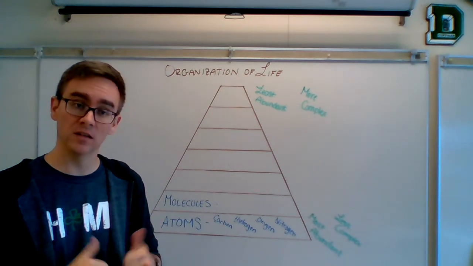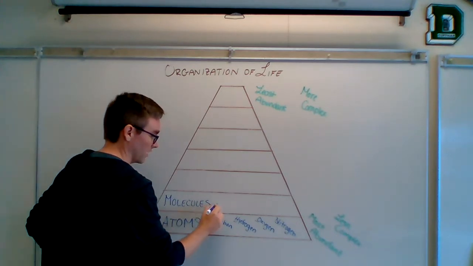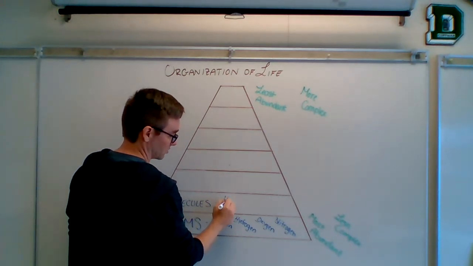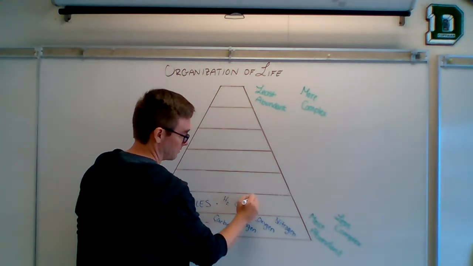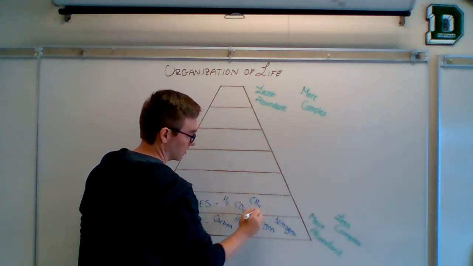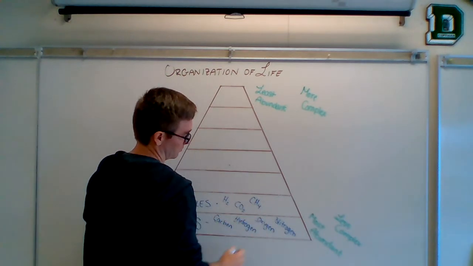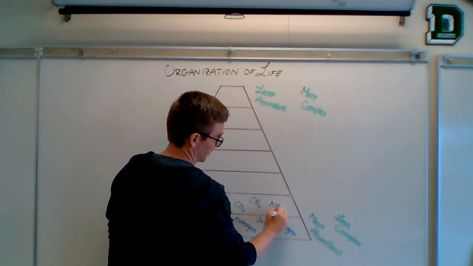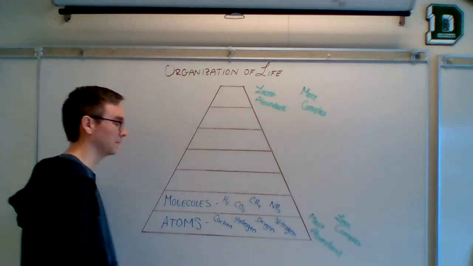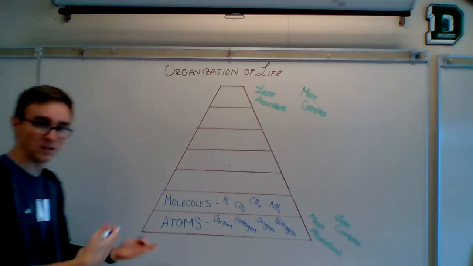Remember, that's sharing of electrons between two non-metals. You get things like hydrogen gas, which is H2, carbon dioxide, methane, CH4, which is one carbon with four hydrogens attached, and ammonia, NH3, with nitrogen connected. You start getting all these different molecules.